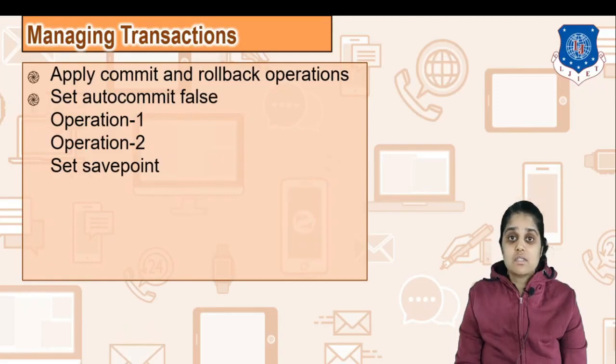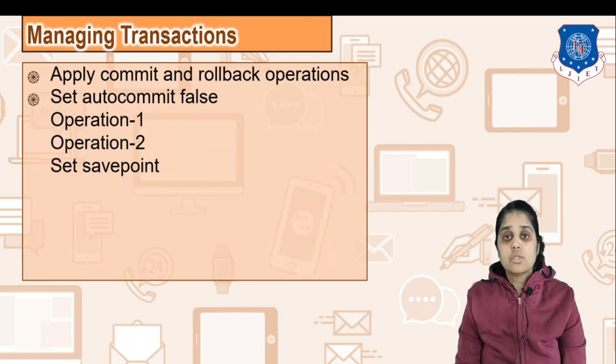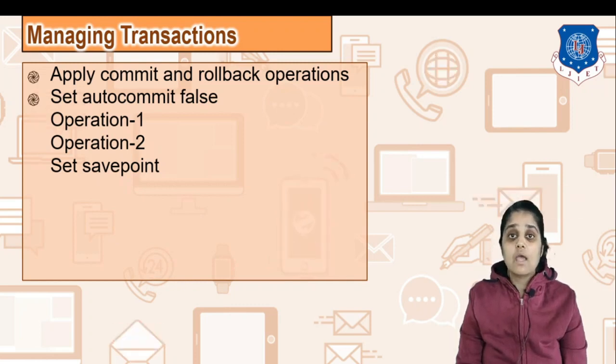So you will set a save point. Okay, so that is like your system restore point. So if anything goes wrong after this point, you can roll back and come back to operation 1 and 2, so that you don't have to again have operation 1 and 2 done in your system. You can start from after these operations have been executed.